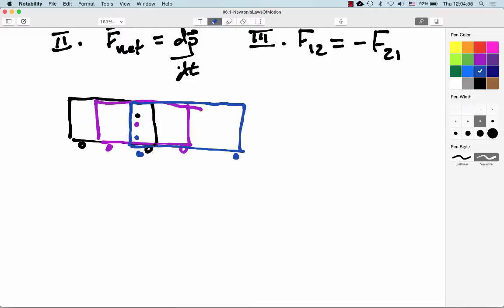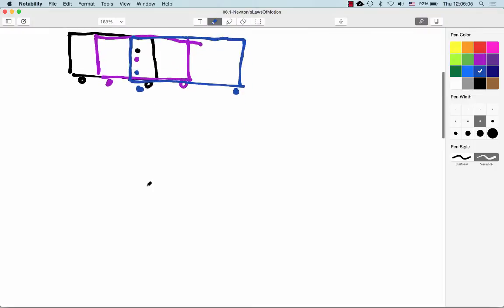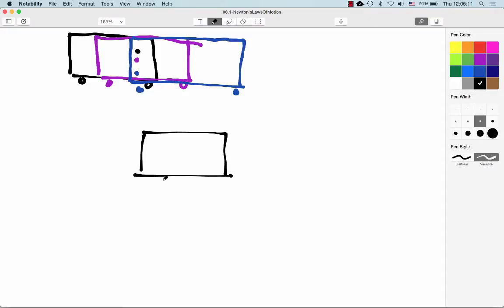And I tried to draw it so that there's more space here than there. So in the perspective of someone in the train, here's my train car.